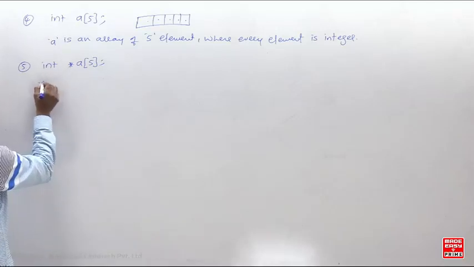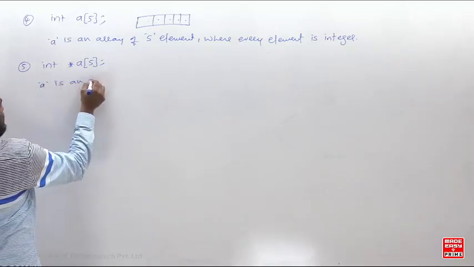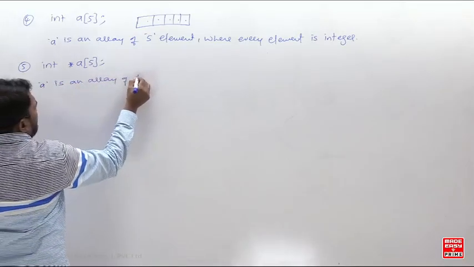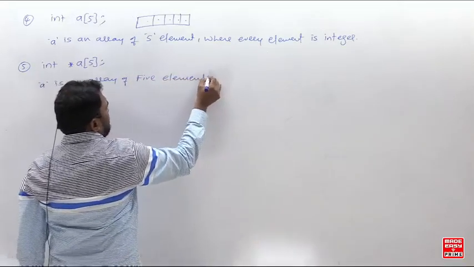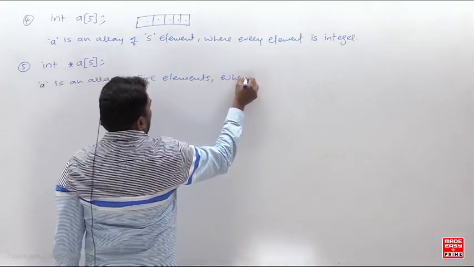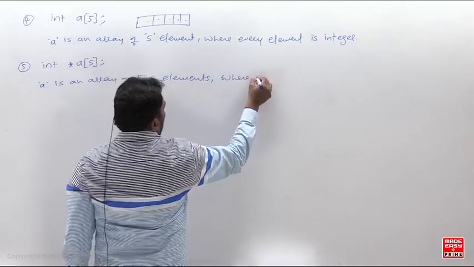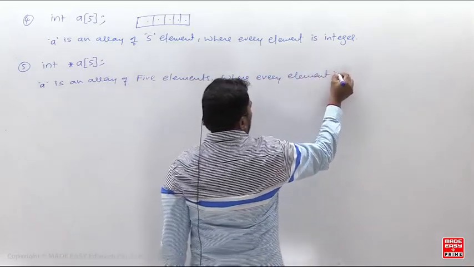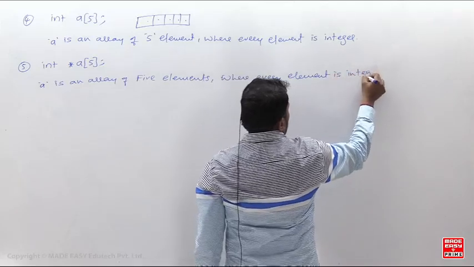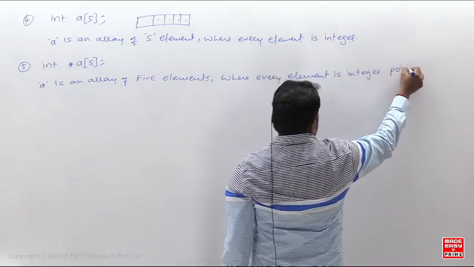So I'm writing here: A is an array of 5 elements, where every element is an integer pointer.